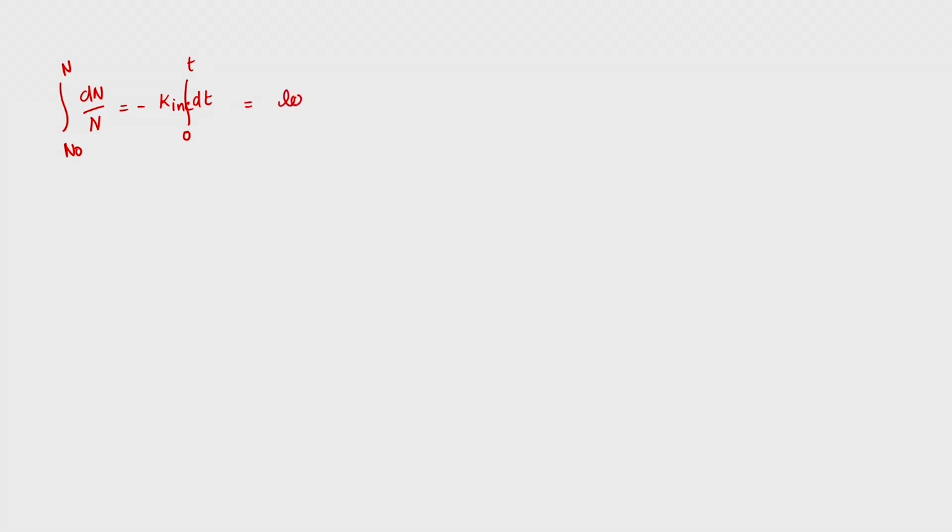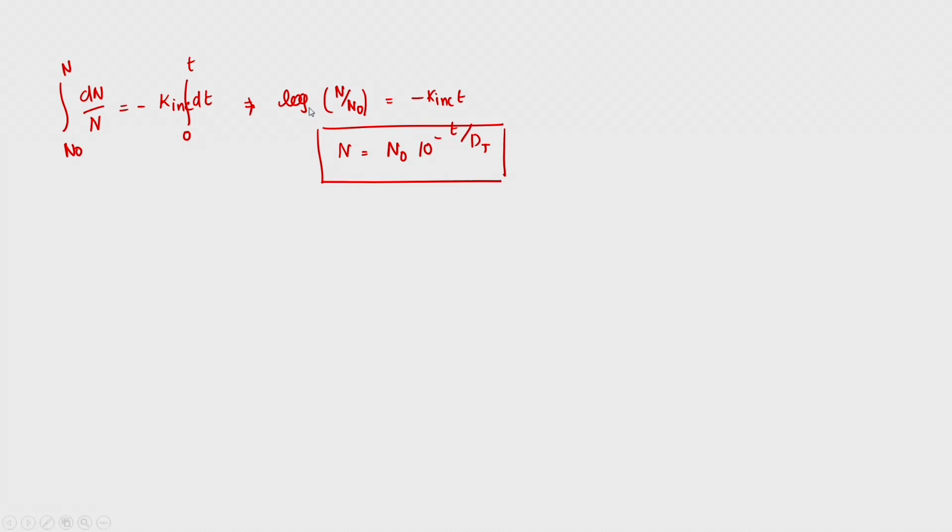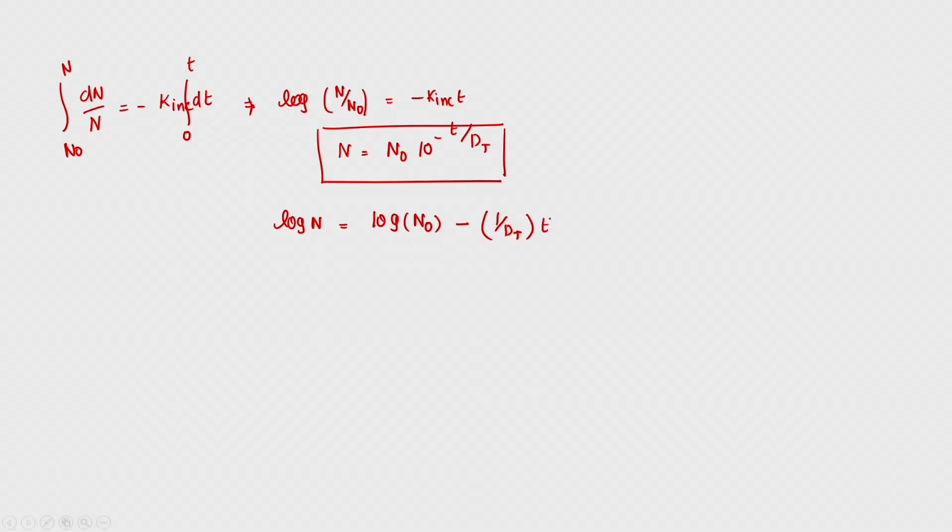So N is nothing but N naught into 10 to the power of minus t upon D, substituting k as 1 upon D. Or similarly, log N is log of N naught minus 1 upon D into t.